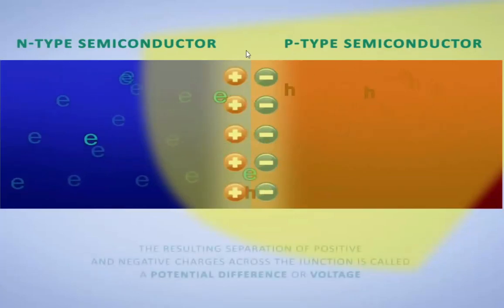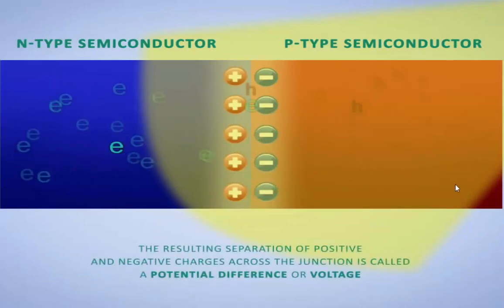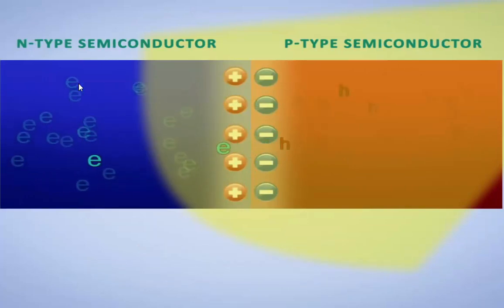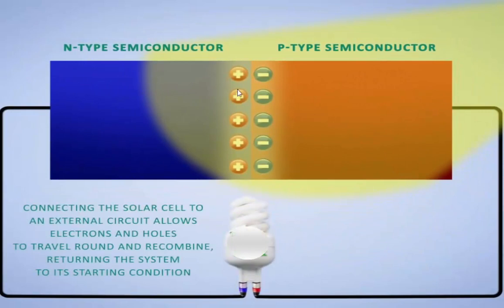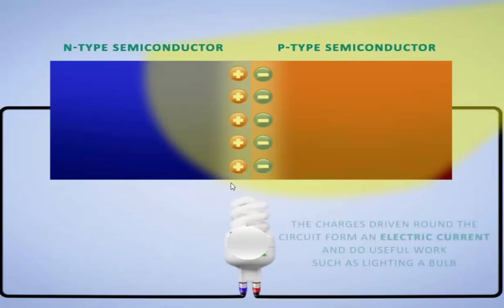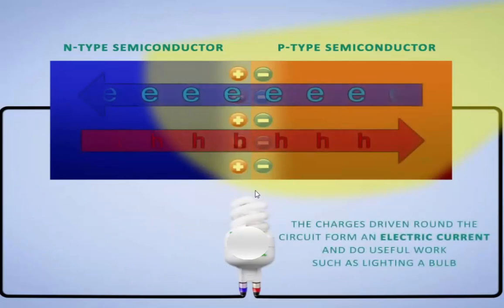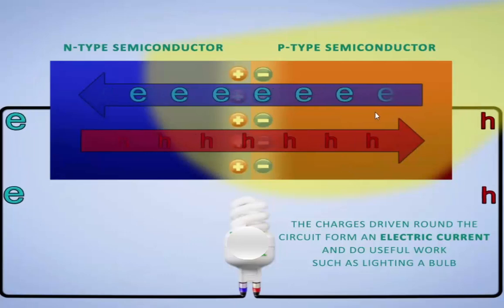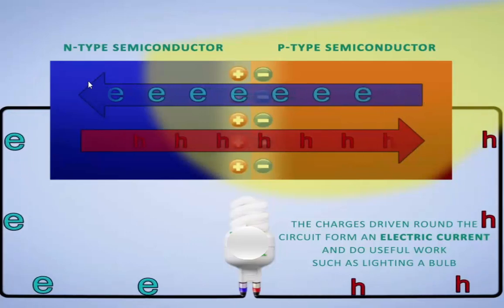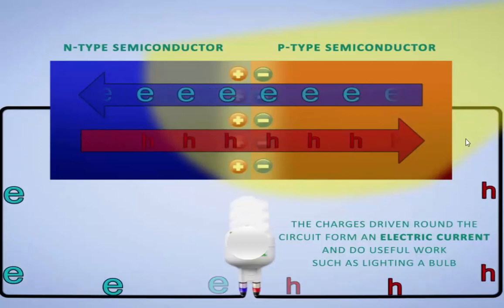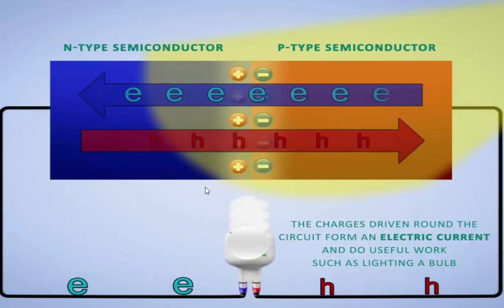You can see it in this video. As the intensity of light increases, the generation of electricity also increases. That will produce a sufficient amount of electricity for our solar cell. As electrons move in this direction and holes move in this direction, it will glow.